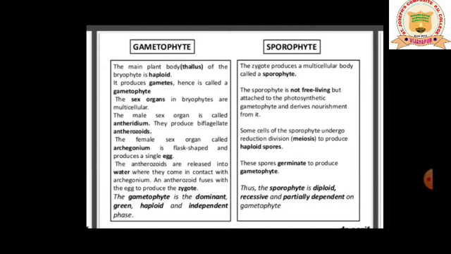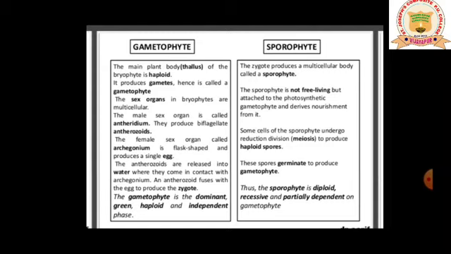The gametophyte is dominant here. The structure called gametophyte is the dominant, green, haploid and independent phase. Thus, the sporophyte is diploid, recessive and partially dependent on gametophyte. So, my dear students, being sporophyte where division is going to occur, it will be recessive in nature.